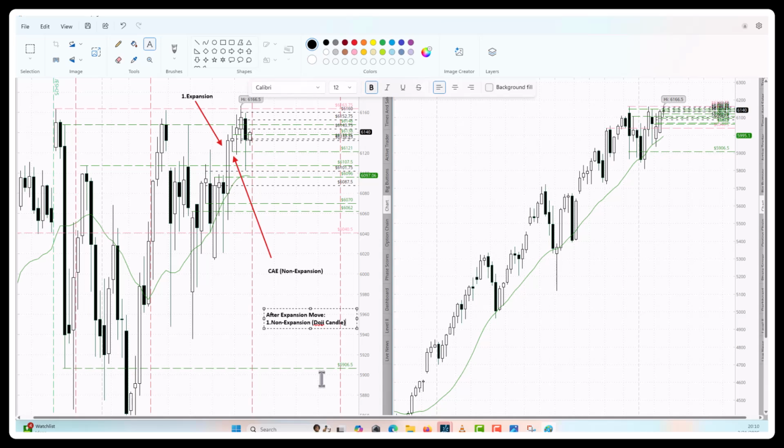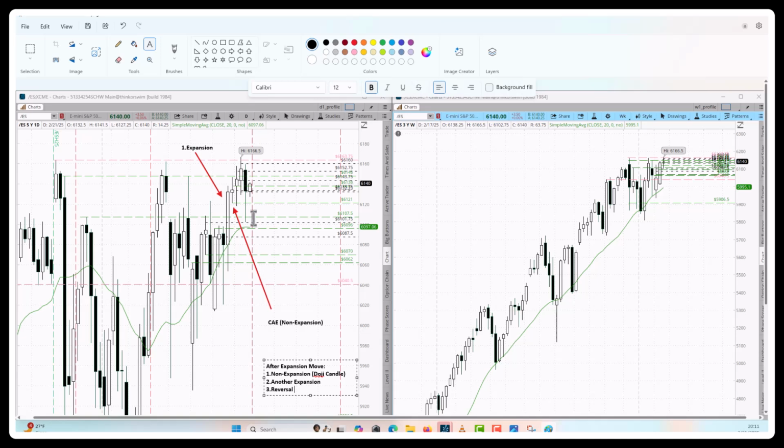Doji candle, for lack of a better word. That's the more common one. And the second one is going to be another expansion move. And the third scenario is a reversal move. So that's the three scenarios we have.